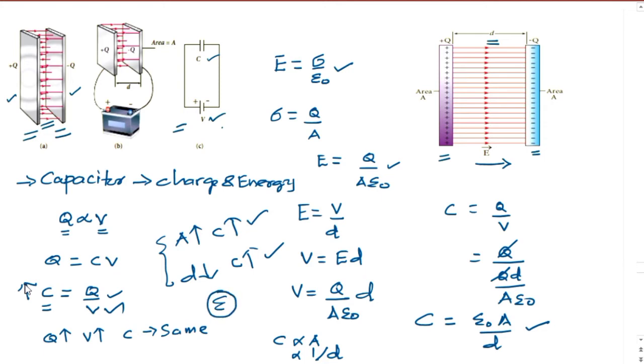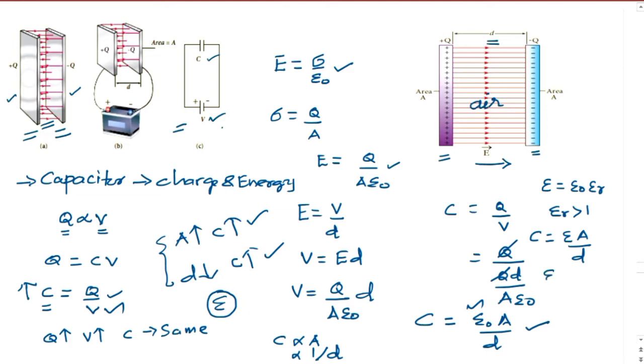Here we have used an air medium. Actually in between we have air medium, therefore we used this epsilon naught. Suppose we use another medium, we know that epsilon equal to epsilon 0 into epsilon r. Epsilon r is normally greater than 1 for any dielectric medium. When you use a dielectric medium, we simply write epsilon A divided by d, keeping other dimensions constant.